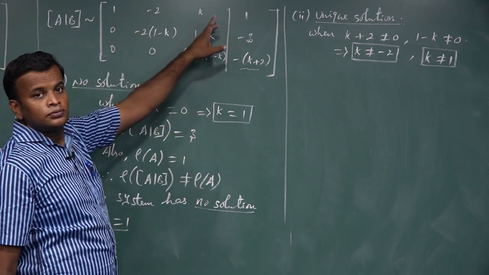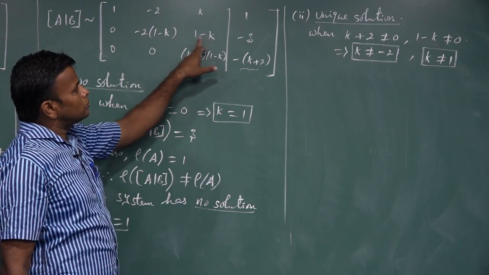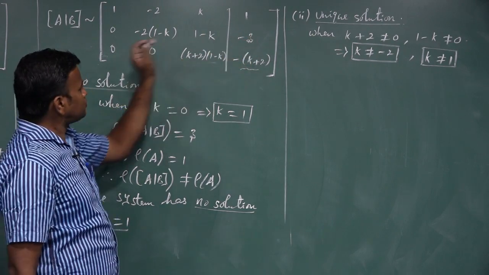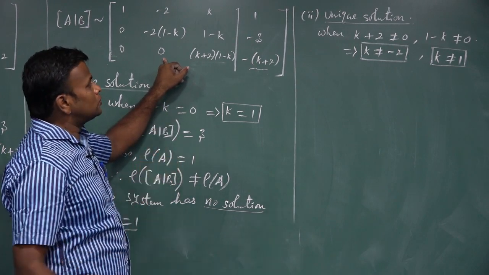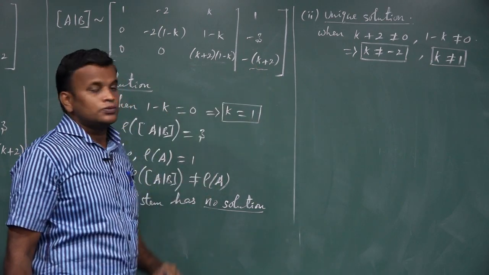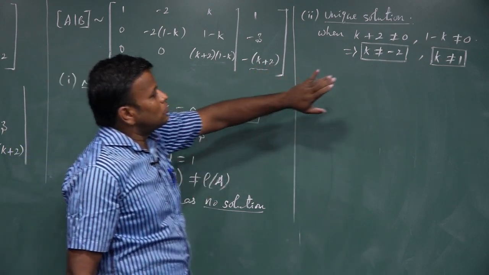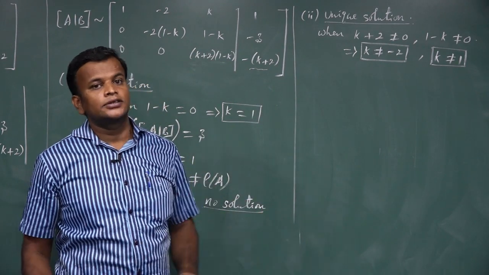First one non-zero. Second one 0, minus 2, 1, minus 3. Non-zero. 0, 0. 2, 1, 2, non-zero. 0, minus 2. So except these two values, we can put so many values, and it has some rank.